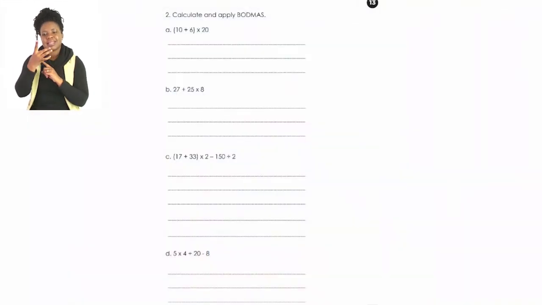And then on page 13, our activity continues. Here it says calculate and also apply BODMAS. Number A, in brackets, 10 plus 6 times 20. Number B, 27 plus 25 times 8.